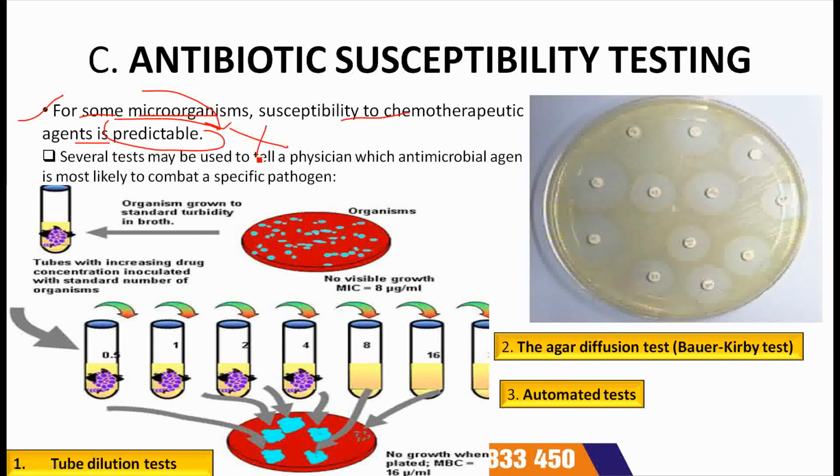However, for many microorganisms like Pseudomonas, Staphylococcus aureus, and gram-negative enteric bacilli such as Escherichia coli, Serratia, Proteus, etc., there is no reliable way of predicting which antimicrobial agent will be effective in a given case.